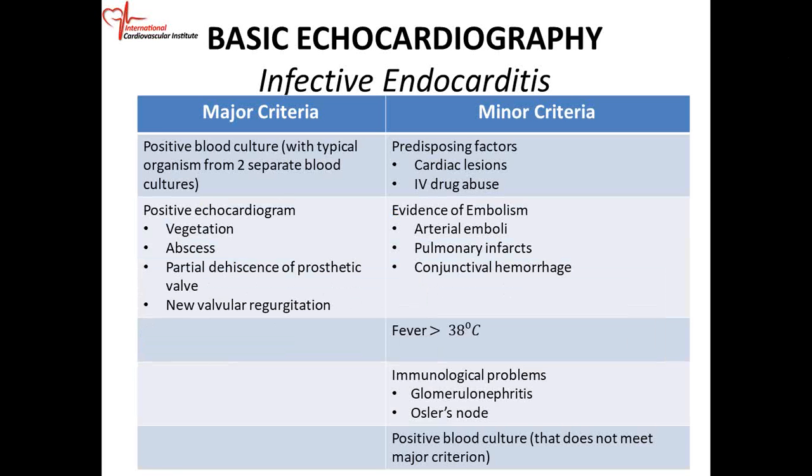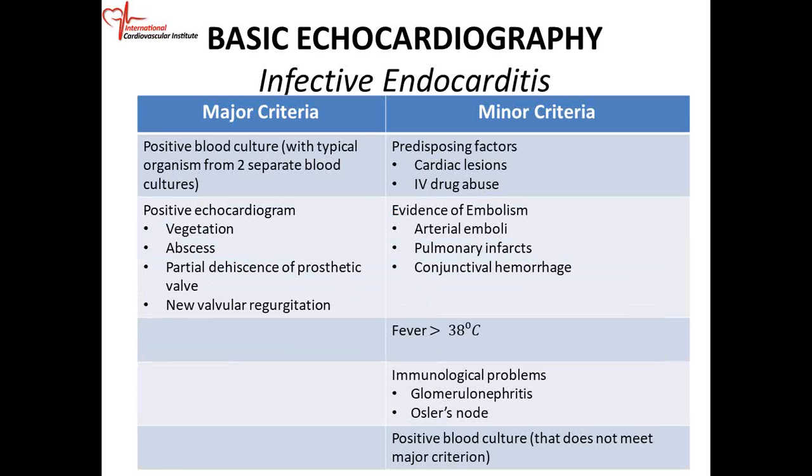And then new valvular regurgitation. That is if you did an echo on the patient, say a couple of weeks ago, and then the patient comes in, and you do the echo again, and you see rip roaring, say, mitral regurgitation or tricuspid regurgitation. So you may be dealing with a vegetation which caused that.